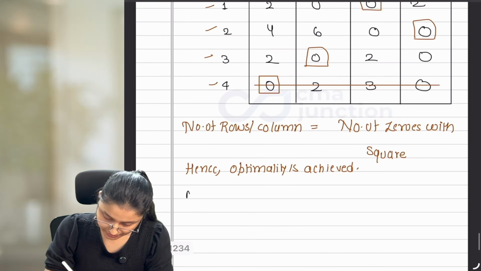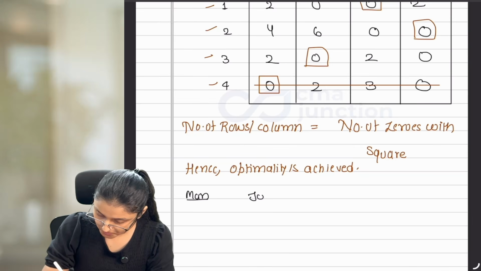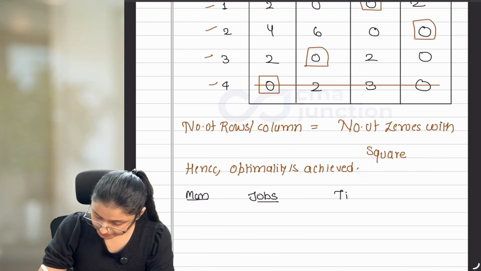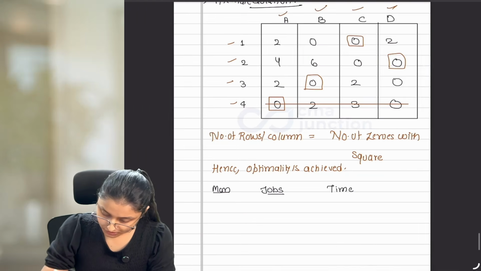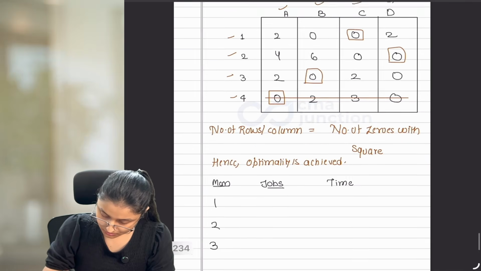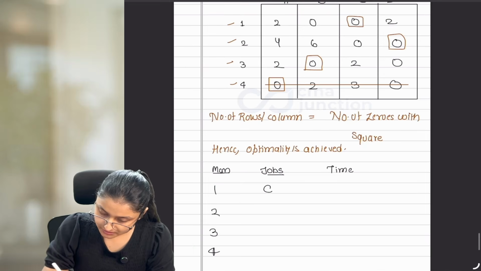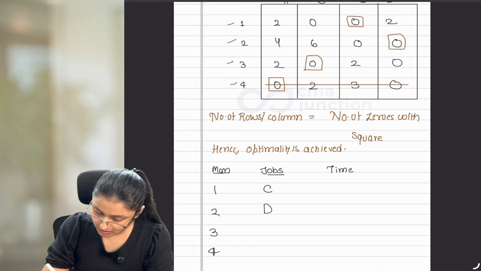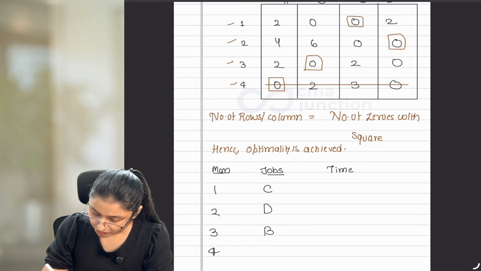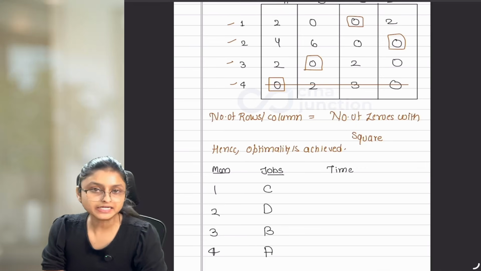So we have men, jobs and the time. So 1, 2, 3, 4 are the men and jobs are A, B, C, D. For 1 we assigned C, for 2 we assigned D, for 3 we assigned B, for 4 we assigned A. Okay?